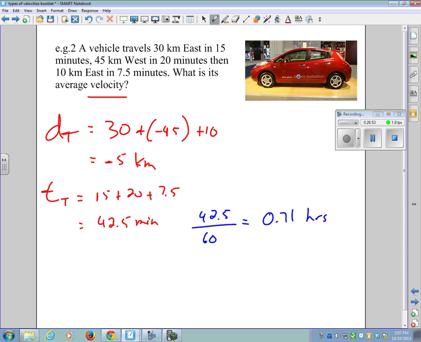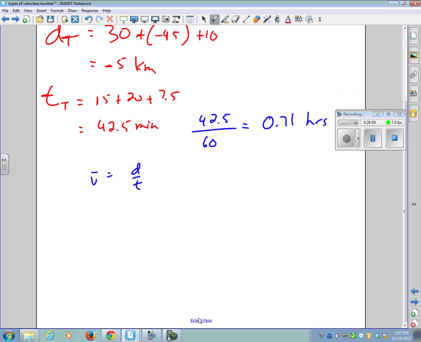And now my velocity is distance over time. Distance, technically, is minus 5. Minus 5 divided by 0.71, I get minus 7. There must be some rounding there. So you want 0 to be 5.